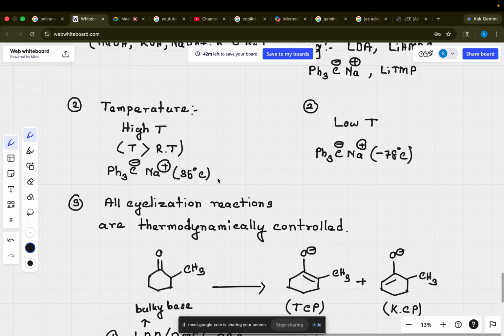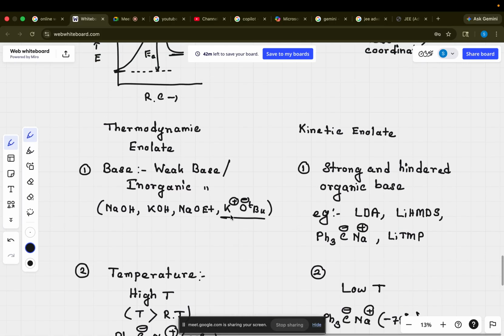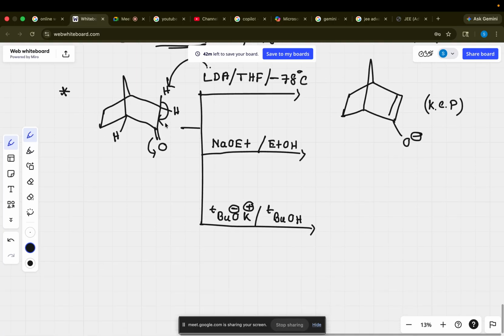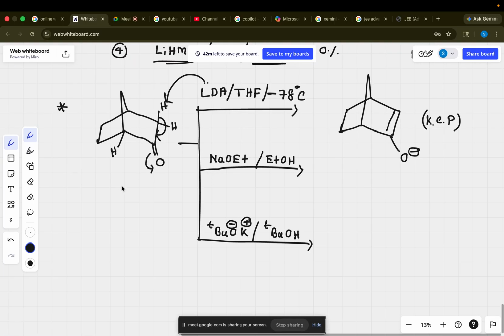Which category does it fall in, NaOEt or potassium tertiary butoxide? These are inorganic, right? So you should get the thermodynamic enolate product. Thermodynamic enolate product means, suppose you have potassium tertiary butoxide here, it will abstract the proton from this side. So you should get this product.